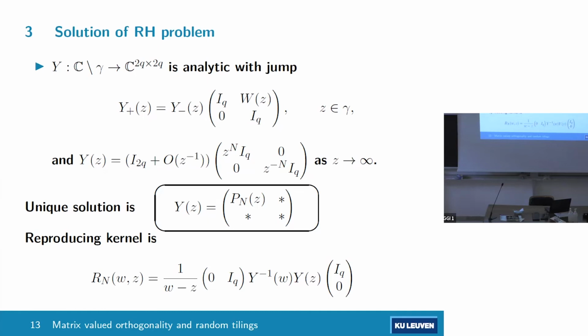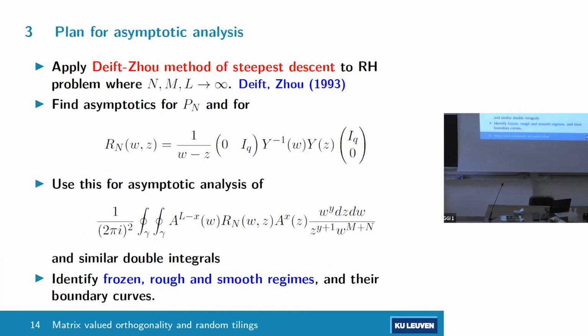So again, it's a q by q valued thing, and you take Y and take the first block, the first q columns here, and take the last q rows of the inverse, multiply, and then this prefactor, then you get the reproducing kernel. So that's the formula. Everything is encoded in this Riemann-Hilbert problem.